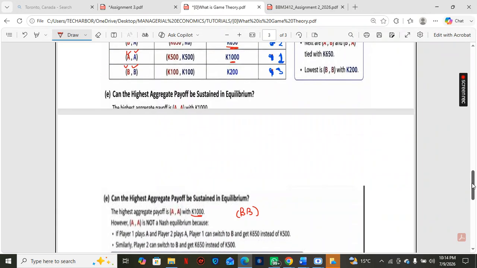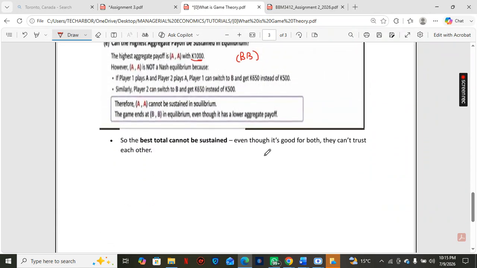So basically, the highest aggregate payoff cannot be sustained because both players cannot trust each other. Simple as that. This payoff of 1,000, where both choose 500 and 500, cannot be sustained for a long time.